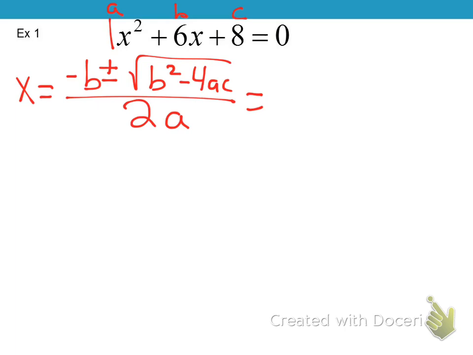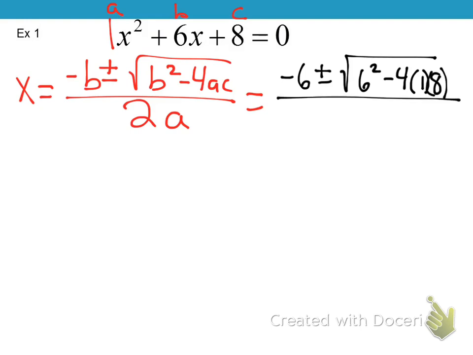So I want negative 6 plus or minus the square root of 6 squared minus 4 times 1 times 8 all over 2 times 1. Okay? Now it's just kind of plug and chug order of operations.